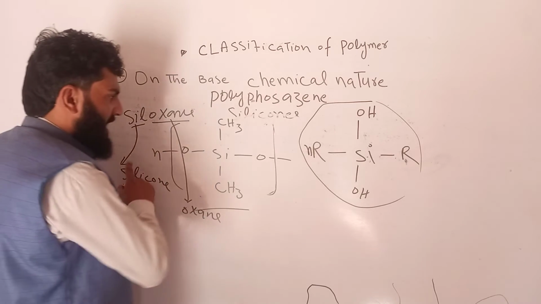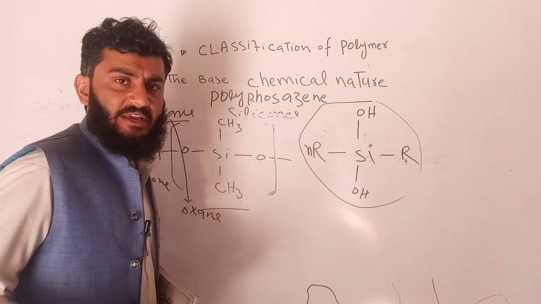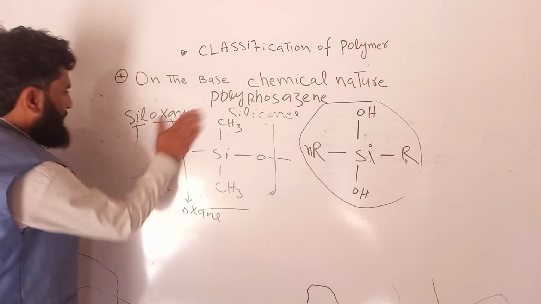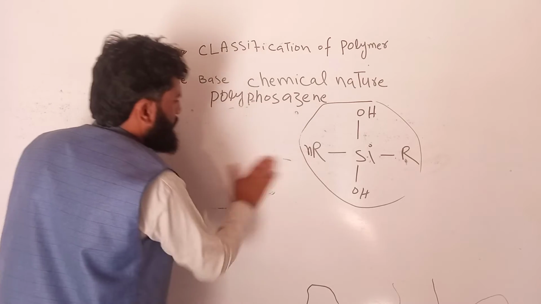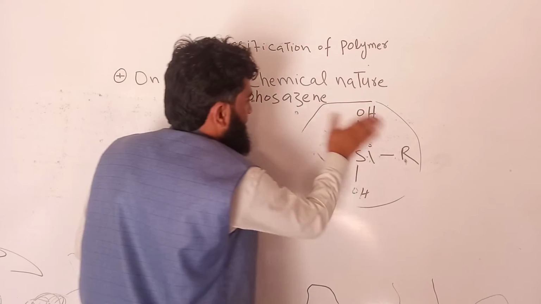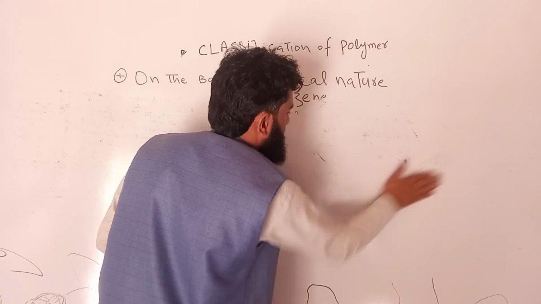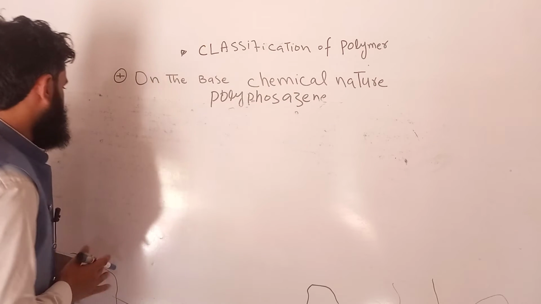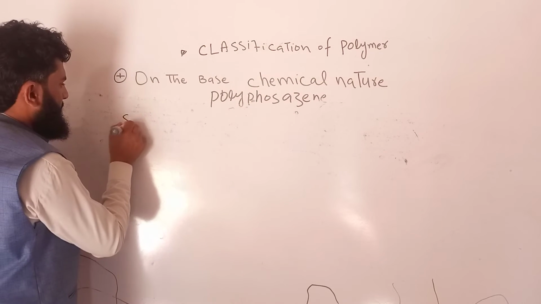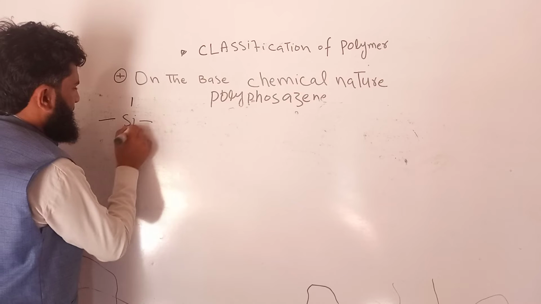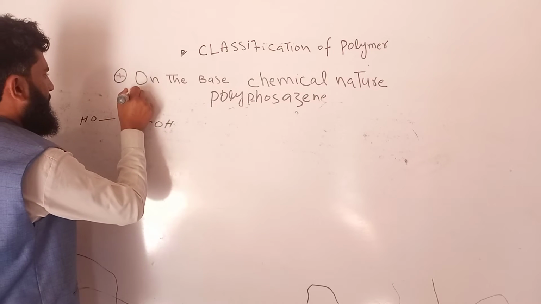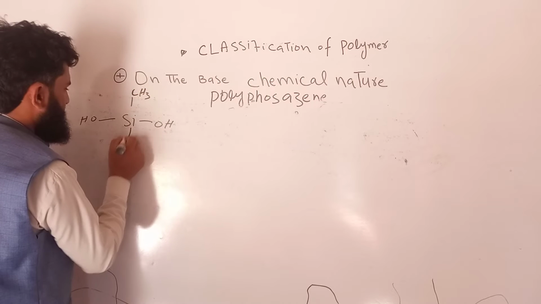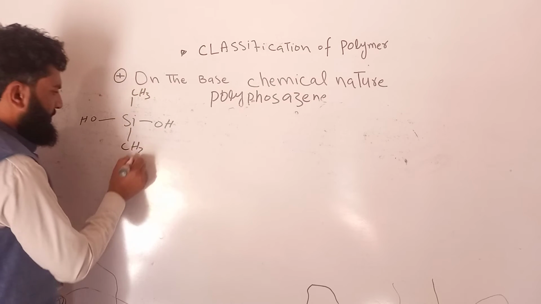So if I write it in the form of a polymer, what will be its formula? Now I want to write siloxane in a long chain form. For example, this is a monomer, that is OH, and for example, this is CH3 and this is CH3.